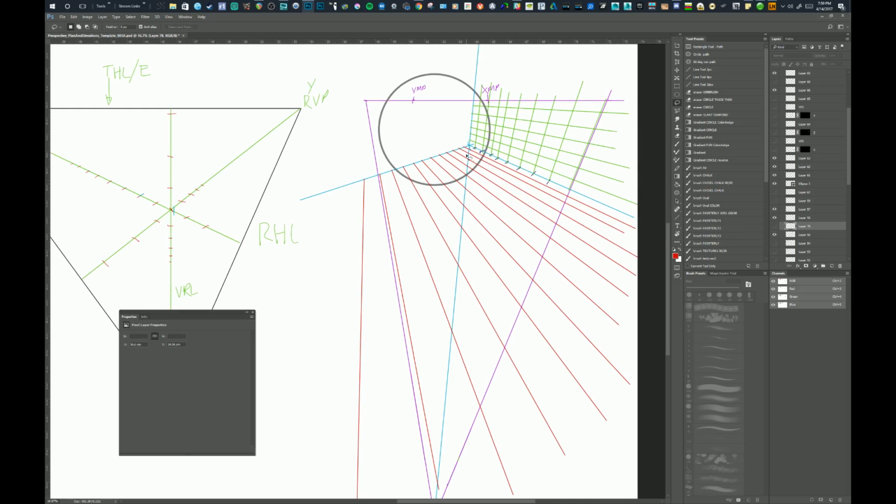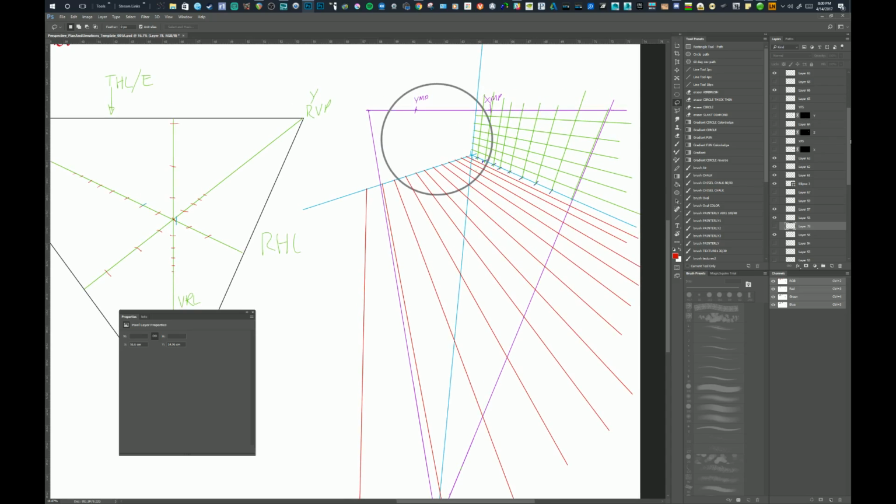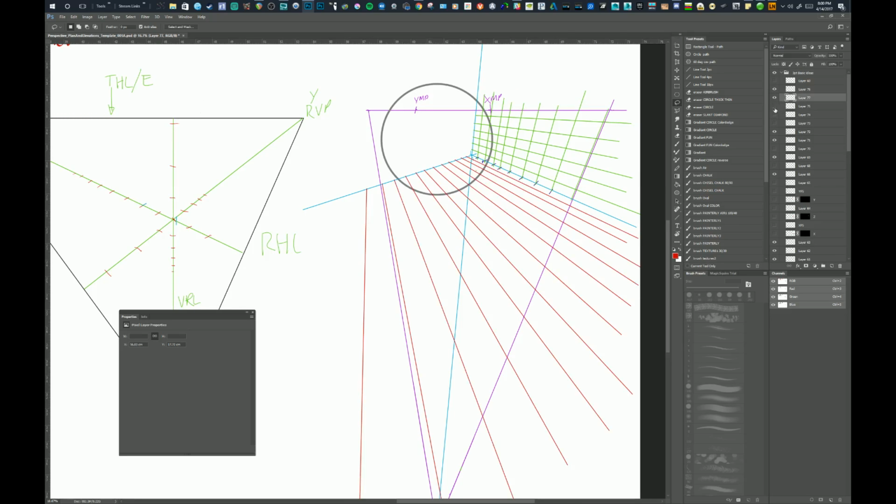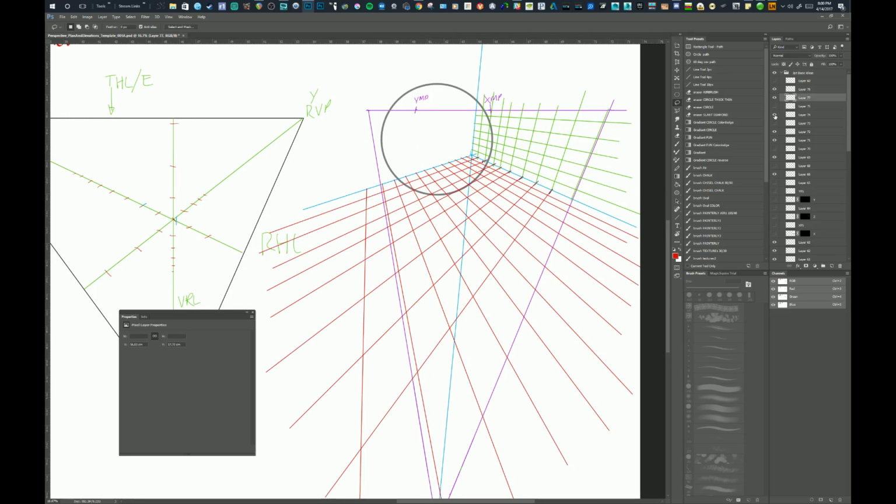Right. So I still know where my cone of vision is. I still know where I can frame things. But now I don't need those, and I have properly foreshortened space in space.